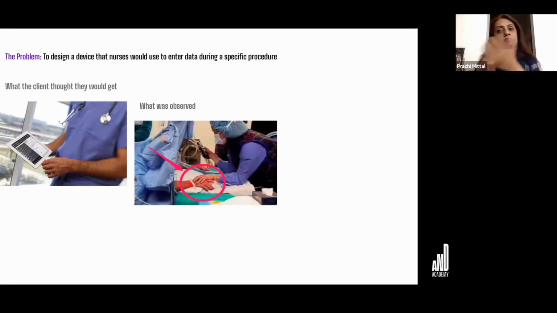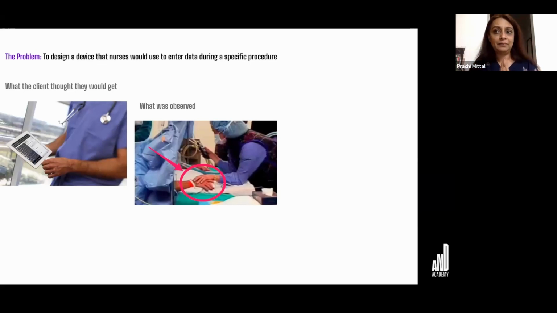Vitals or certain data which is required for a medical procedure, so nurses should be able to enter it. Now, the first photograph that you saw, probably the client thought that they would get some swanky tablet in which they'll be able to enter data. But what IDEO said was, let's first observe what's happening when the nurses have to enter this data.